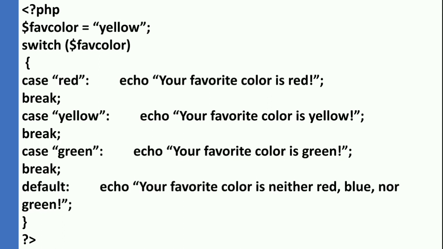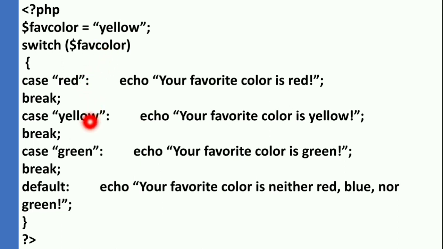Now start reading the program. We have a variable favorite color, and the value stored inside it is yellow, which is given to switch. So yellow is present inside the favorite color variable. What we have to do is search for case yellow. Yes, here it is. You have to print only this. If the favorite color is given as black, you have to search for case black.